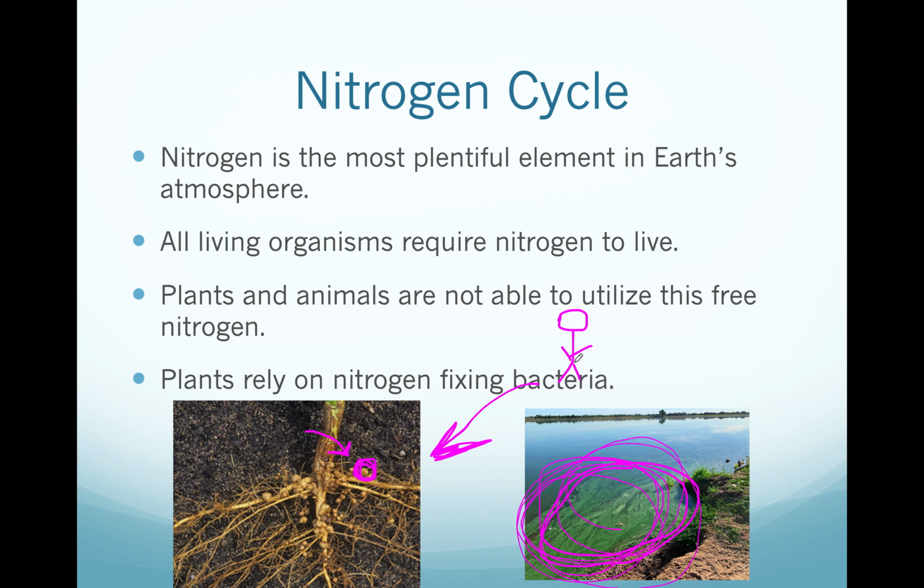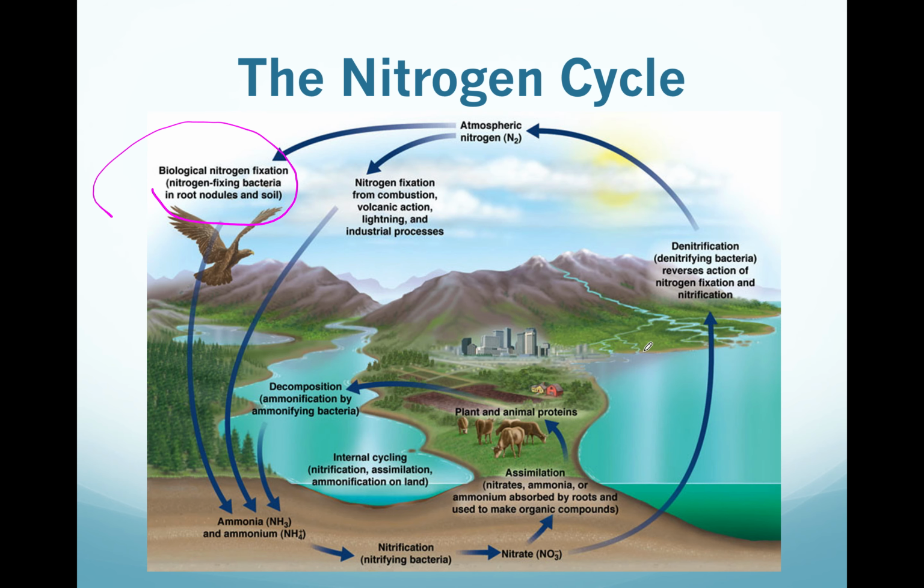And this person's waste would eventually be released back into the atmosphere, and then that goes through these processes, and it eventually becomes atmospheric nitrogen again, and then the cycle is repeated.